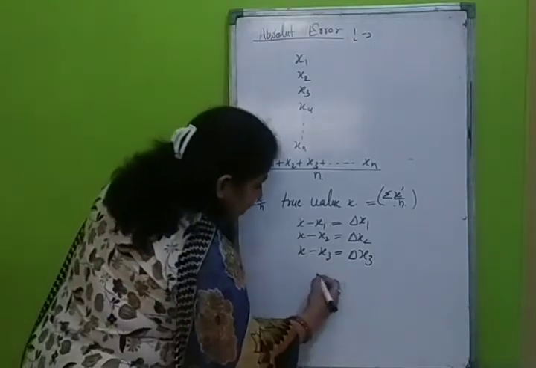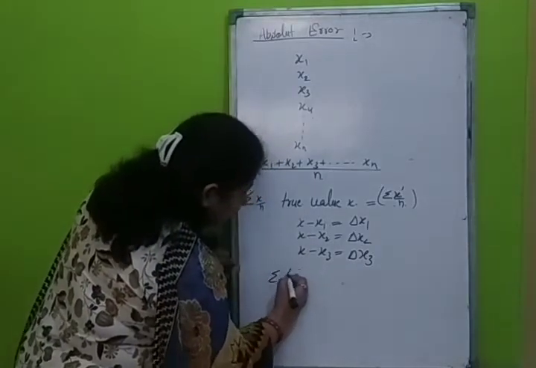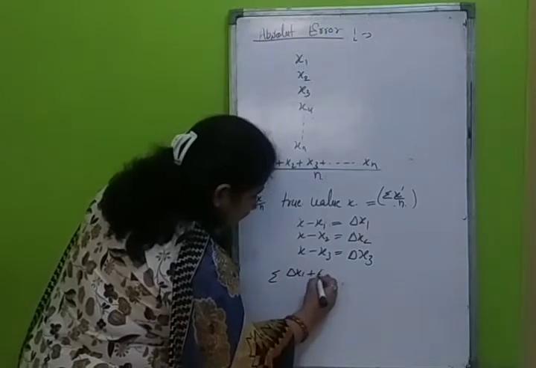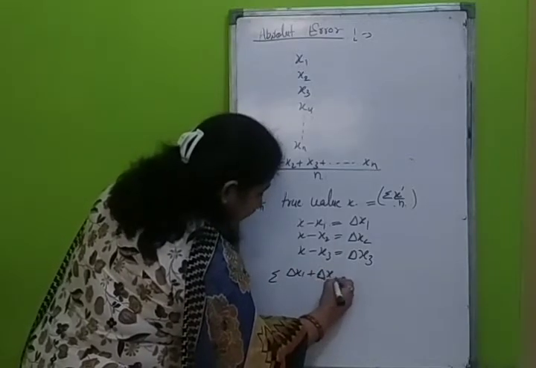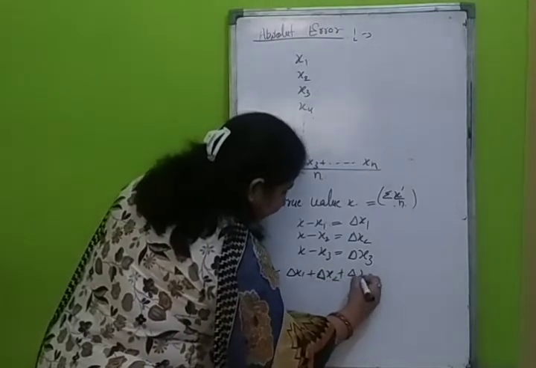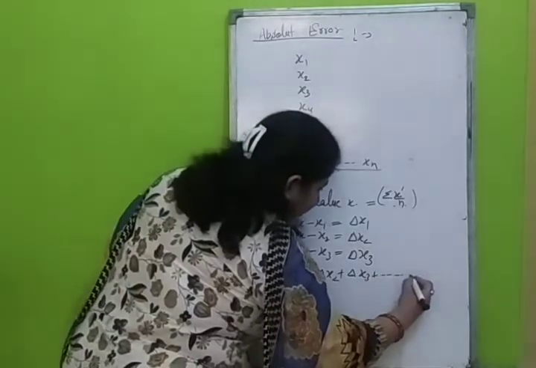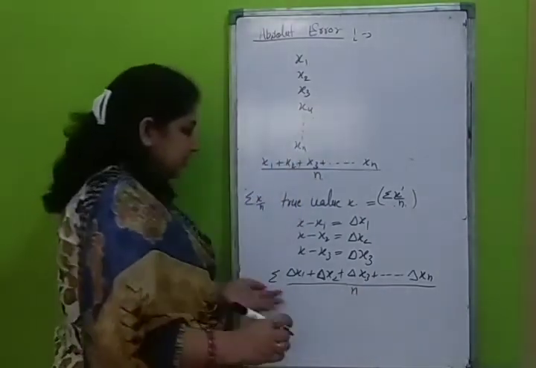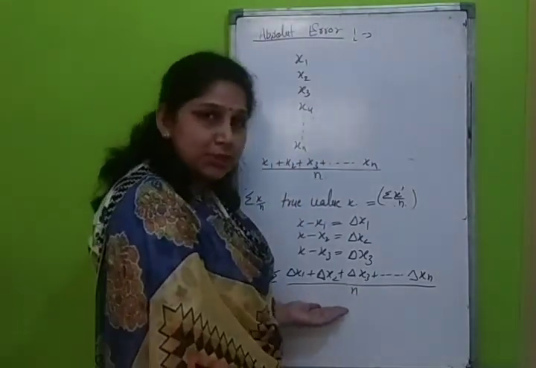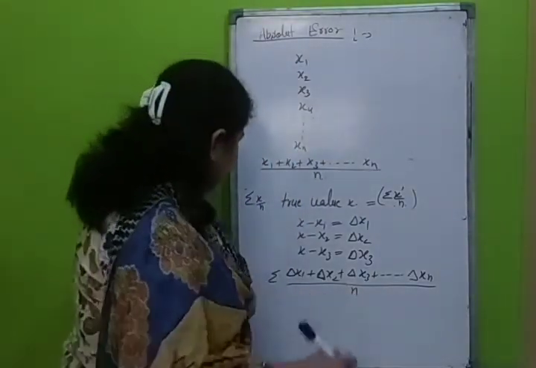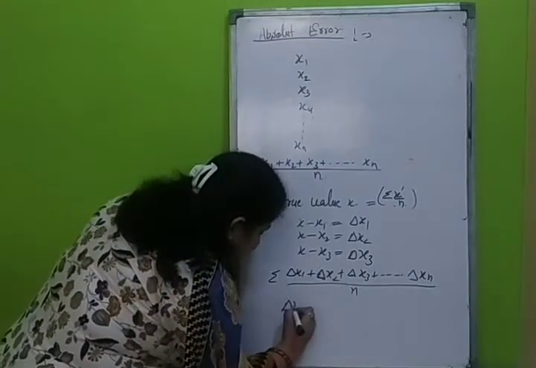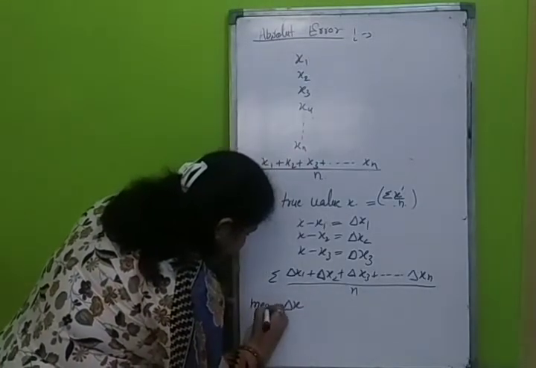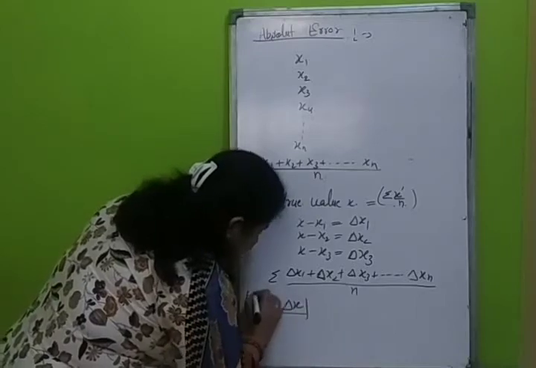Now the summation of delta x1 plus delta x2 plus delta x3 up to delta xn divided by n. This is the mean absolute error, means we can write it as delta x, mean absolute error.